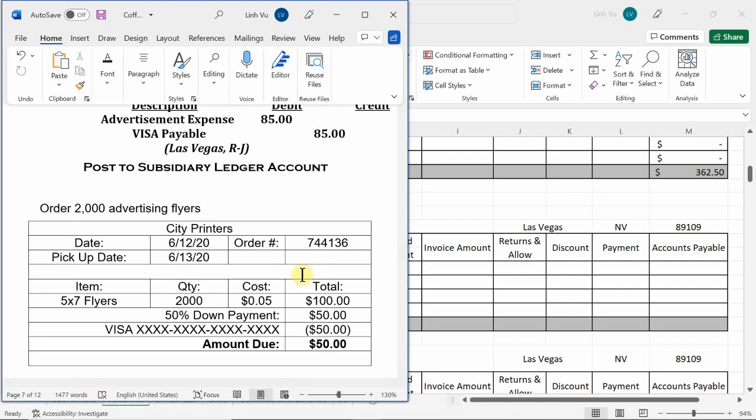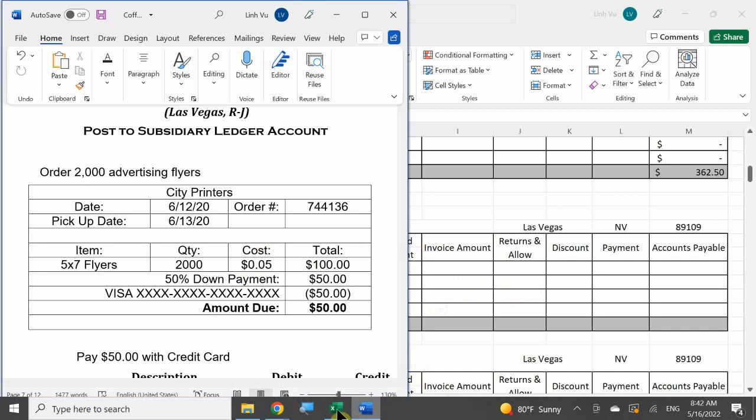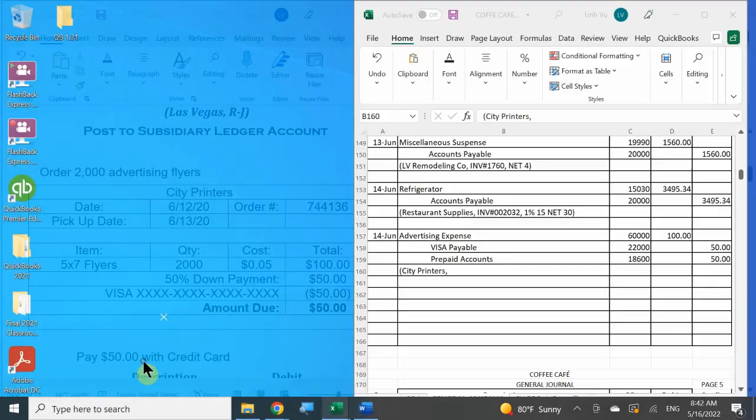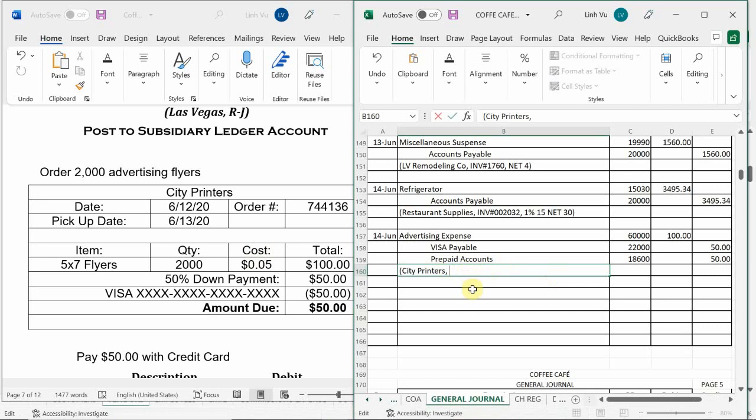Here's what we ordered from City Printers. We should have put this in our subsidiary ledger. Since this is the same order, we got order number 744136.